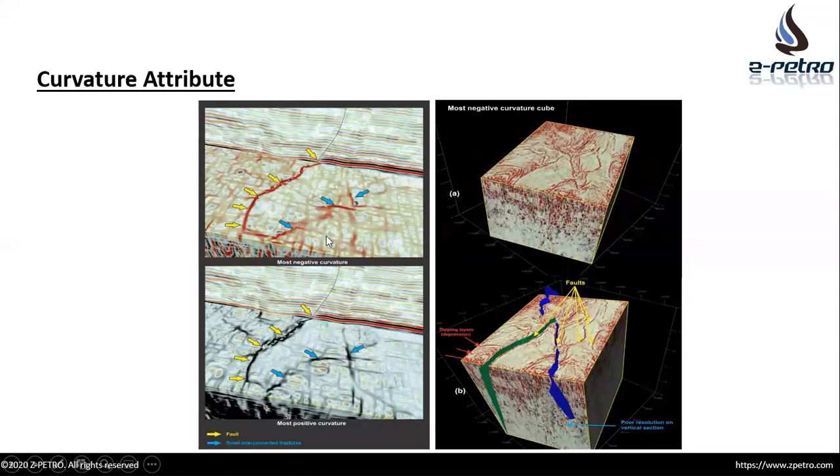This is known as the curvature attribute, which shows you the real picture of the undulation within a subsurface, or the striking component of your subsurface structure, that is, how your fault moves on the north side or south side. All these things are very important.